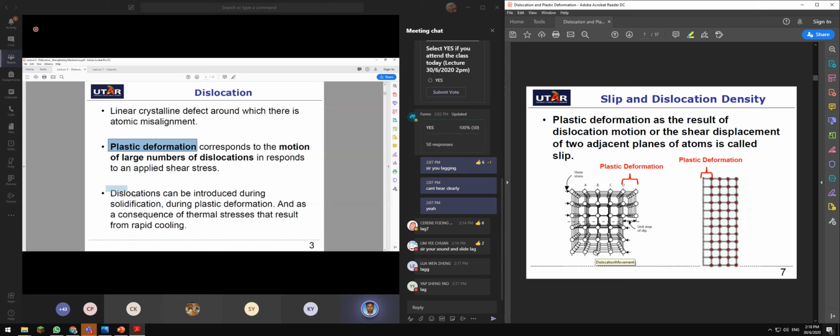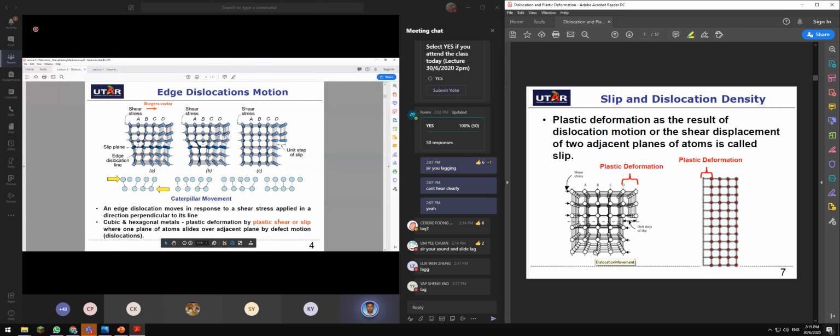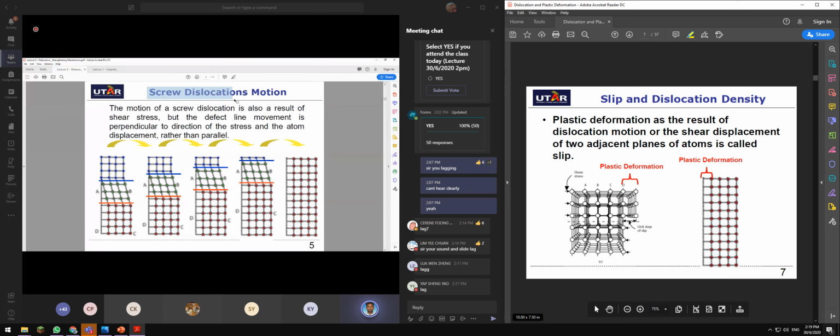Dislocation can be introduced during solidification, during plastic deformation, and also as a consequence of thermal stress that results from rapid cooling. This is how dislocation can happen in a material. The types of dislocation are edge dislocation and screw dislocation.